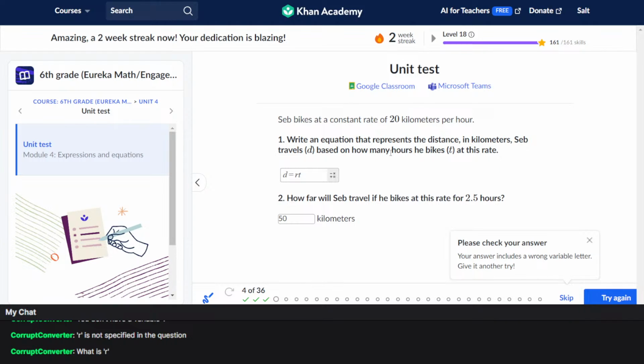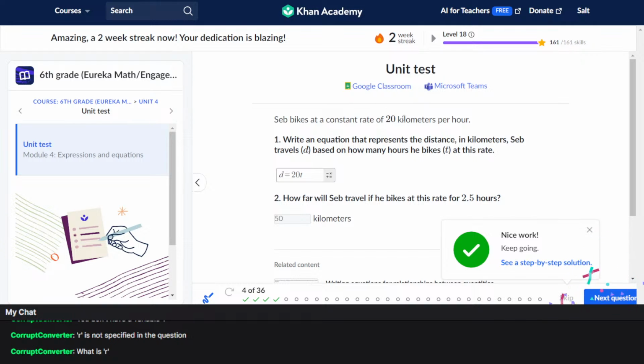Corrupt Converter says R is not specified in the question. Isn't kilometers per travel based on how many? Oh no. Do you mean I have to do 20 times T? That's not fair! Oh wait, R isn't specified, but why does it matter?